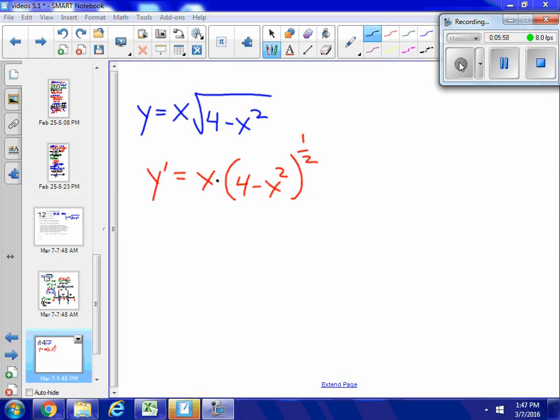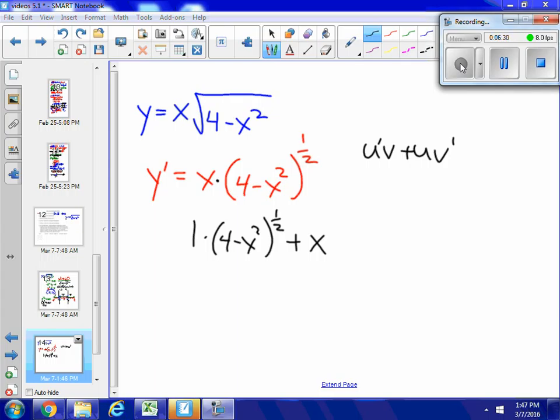So I need to use the product rule, u v prime plus v u prime. And so I'm going to start working on this derivative. The derivative of x is 1, so that's 1 times v, which is (4 minus x squared) to the 1/2, plus u, which is x, times v prime.